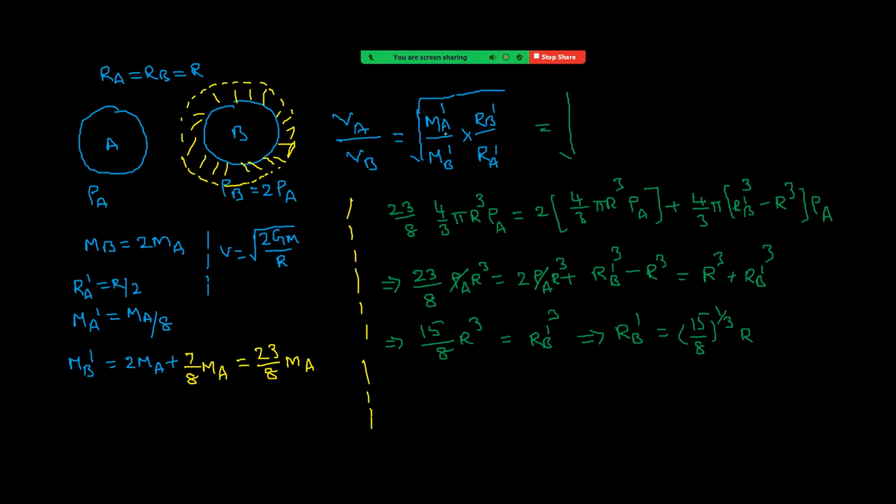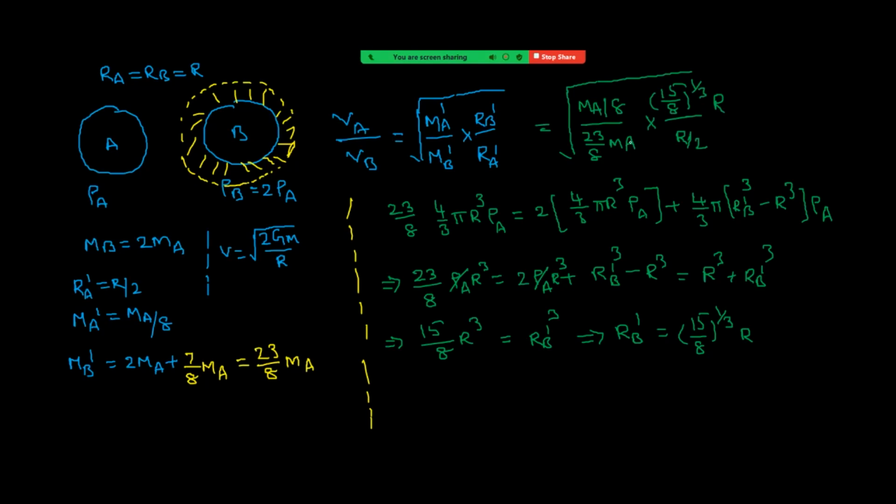Root of MA dash, MA by 8. MB dash, 23 by 8 MA. Into RB dash, 15 by 8 whole power 1 by 3 into R, and RA dash, it is R by 2.